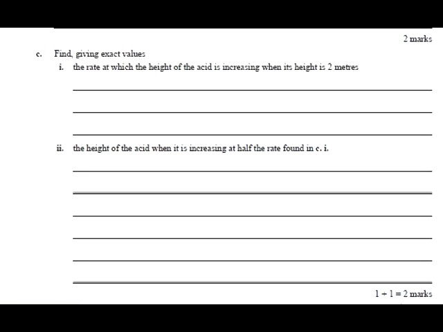Part C says, find a few things in exact values. By the way, you should always use exact values unless they tell you otherwise. Be clever. So, you want to know the rate at which the height of the acid is increasing when the height is 2. So, you want to find dH/dt at H equals 2.